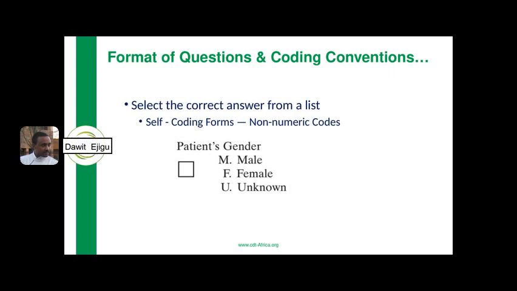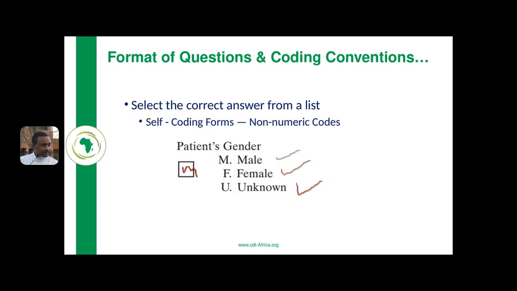Still, for making choice in the CRF, we can have also self-coding forms with non-numeric codes. So here we have M for male, F for female, and U for unknown. So we can put any of these in the box.